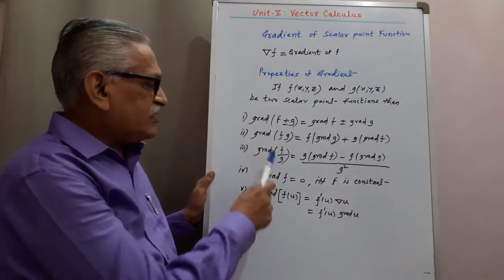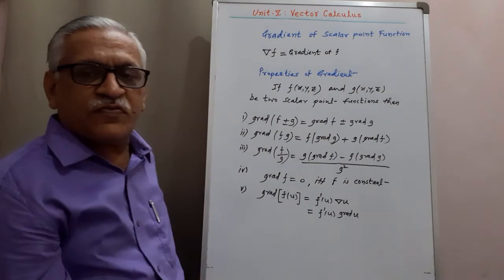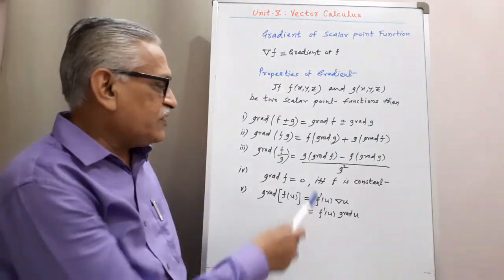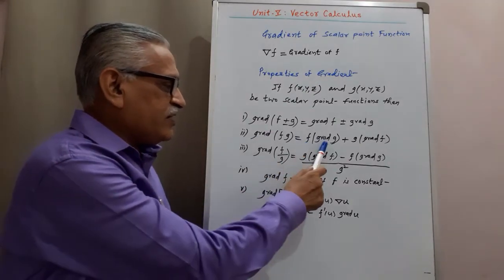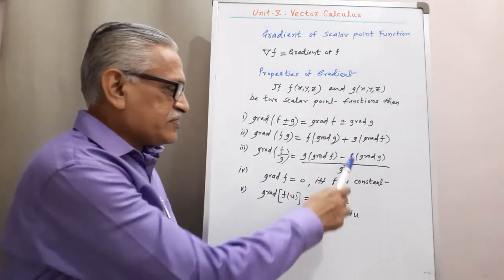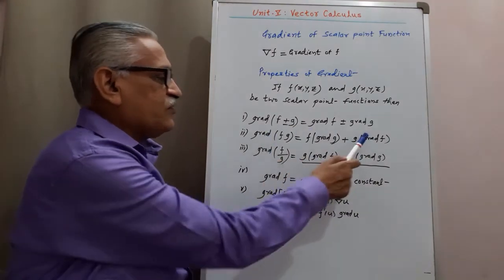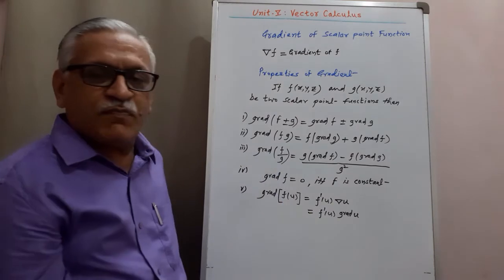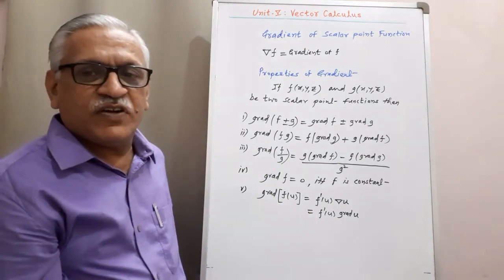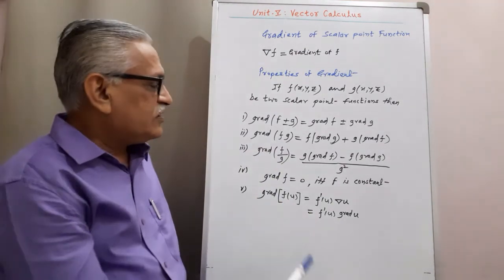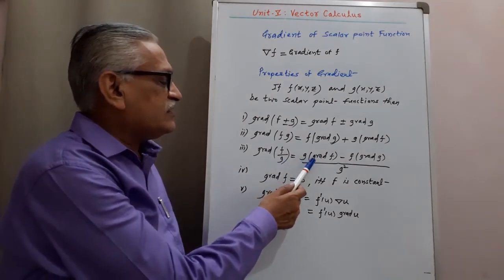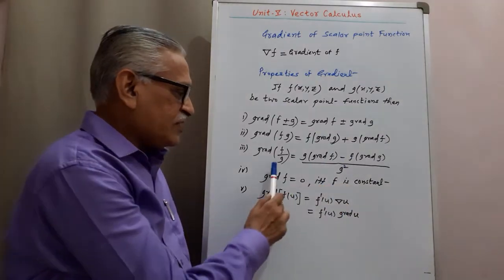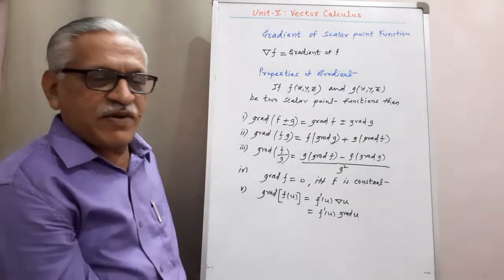Then second rule, gradient of product of two functions f into g, where we apply the product rule. Therefore, first function f into gradient of g, plus second function g into gradient of first function. Then gradient of f by g, where we apply the quotient rule. Therefore, it is g into grad of f minus f into grad of g, divided by g square.